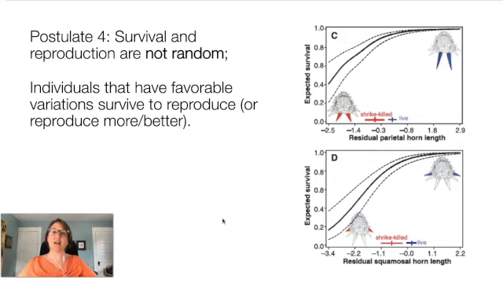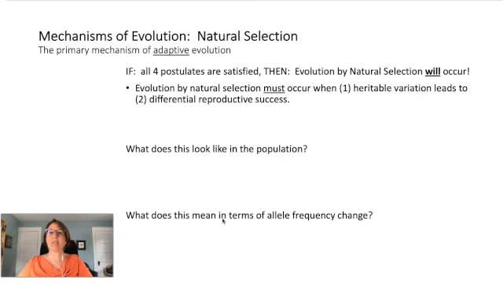This is similar to what we've been talking about called adaptations. All right, finally, if all four of those postulates are satisfied, then evolution by natural selection will happen. Another way of saying that is evolution by natural selection must occur when heritable variation leads to differential reproductive success. What does this look like in the population?